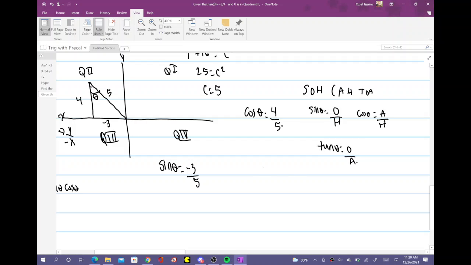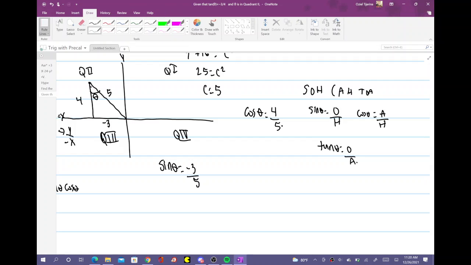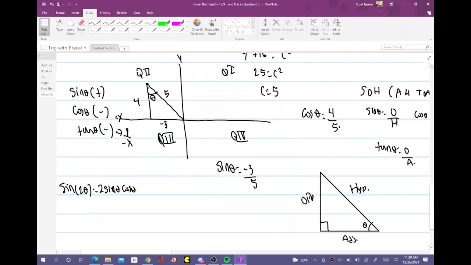Basically, in a right triangle, you have an angle theta, opposite, adjacent, and hypotenuse. That's how I figured that out, okay?